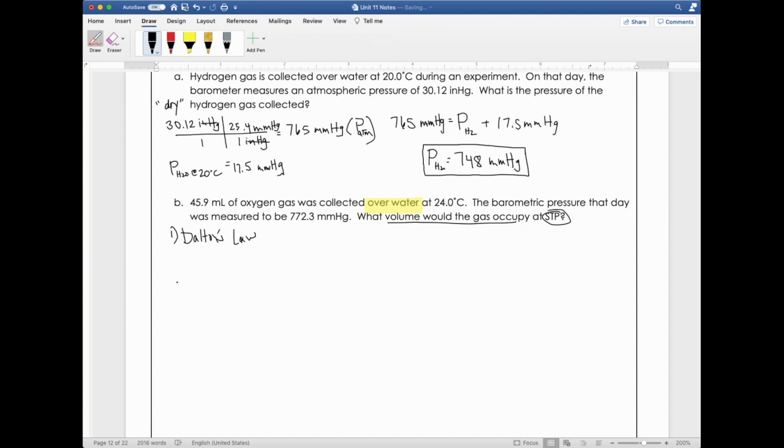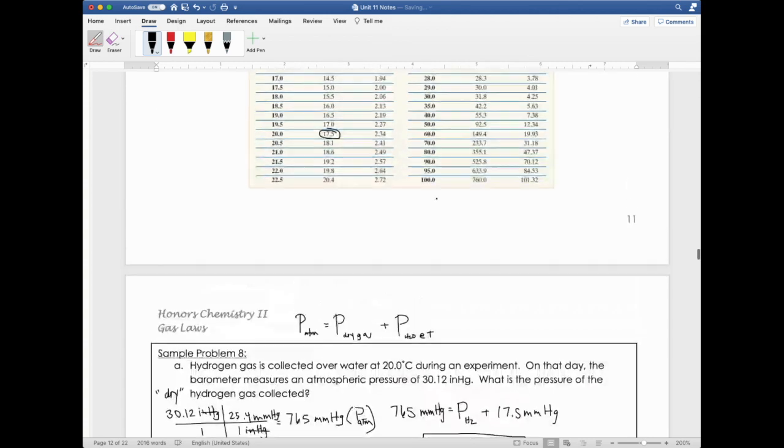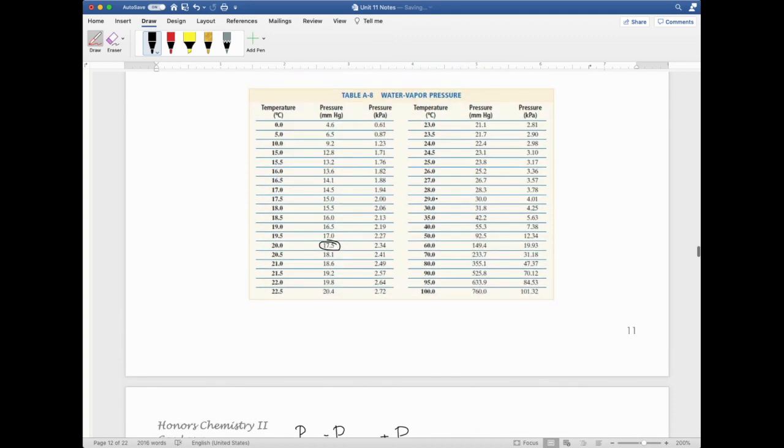I don't have to do a conversion here because that's already in millimeters of mercury, which is nice. And we can find the pressure of the dry oxygen gas. Let's look up the pressure of water at 24 degrees. I scroll up here, and in the correct units of millimeters of mercury, it looks like it's 22.4.